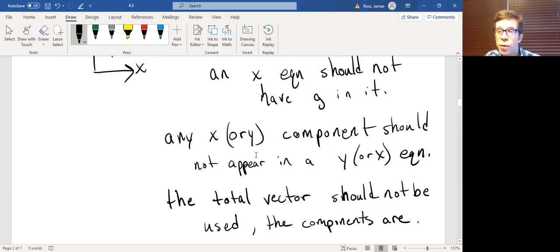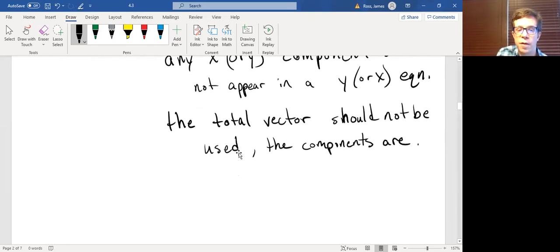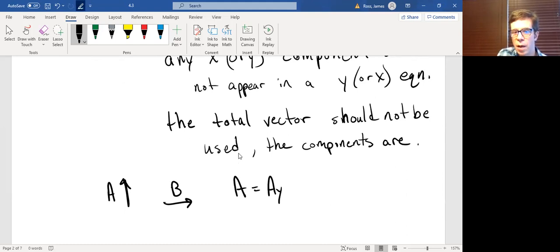So the only way that you would use a total vector is if it is vertical or horizontal, meaning that the other component is 0. So in this case, A is equal to AY, and B is equal to BY, because they're only in a vertical or horizontal direction.